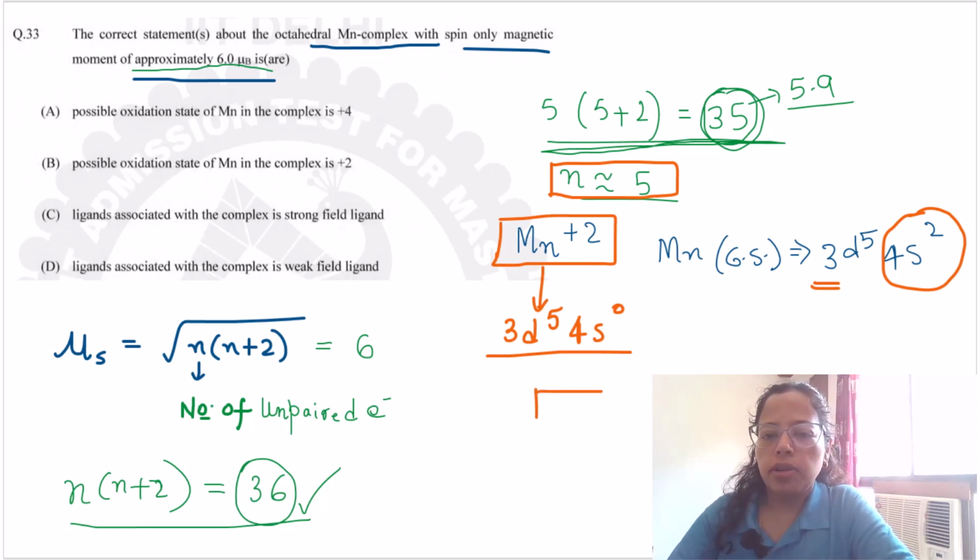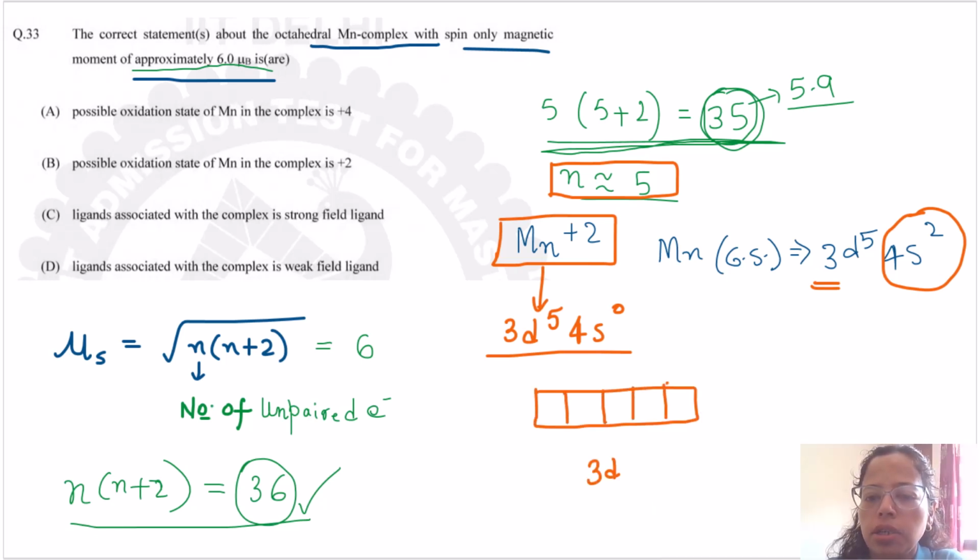Now if we want to see how we fill these electrons, we have 3d5, that is 1, 2, 3, 4 and 5, and all of these 5 electrons are unpaired. This we know from the magnetic moment spin-only formula, which gives n equal to 5. For these 5 electrons to be unpaired, the ligands in this complex should be weak field ligands.